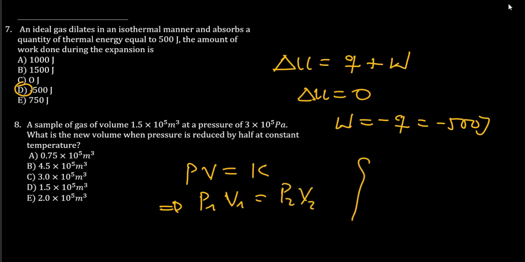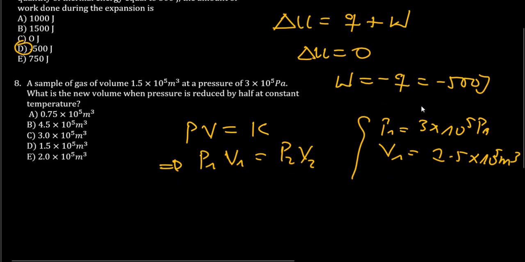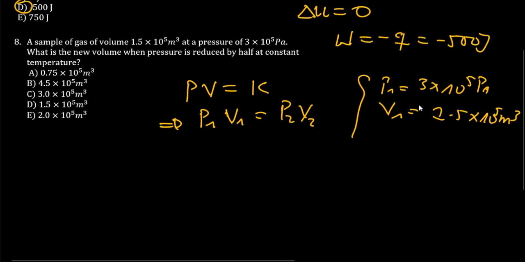Now we are going to define our P1 as 3 times 10 raised to the power 5 pascal at a volume V1, which is 1.5 times 10 to the power 5 meter cube. So here, what is the new volume when the pressure has been reduced by half at constant temperature?